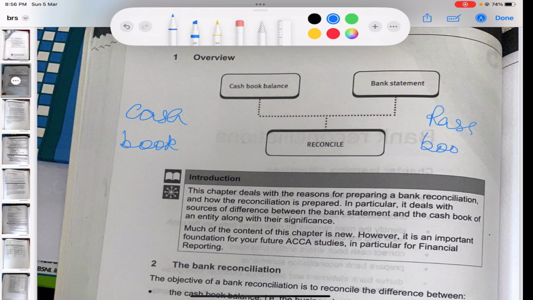Right. And we also saw that the cash book has a debit balance and the passbook has a credit balance. Why is that so? Because the cash book is maintained from my perspective and the passbook is maintained from the bank's perspective. So what is a good thing for me might be a bad thing for the bank.